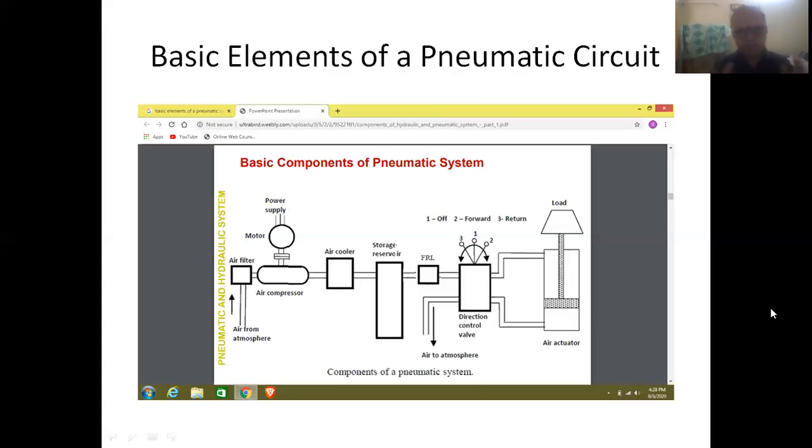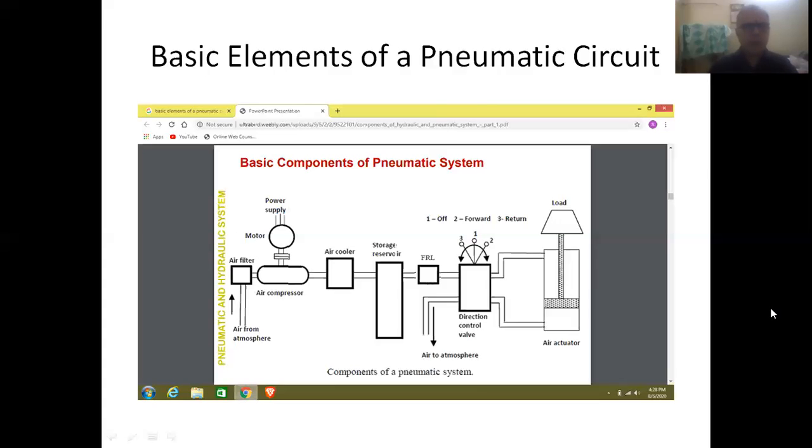So friends, all these items are called primary components of a pneumatic circuit. So the electric motor, the air compressor, and air cylinder, all these items put together are referred to as primary components of a pneumatic circuit.